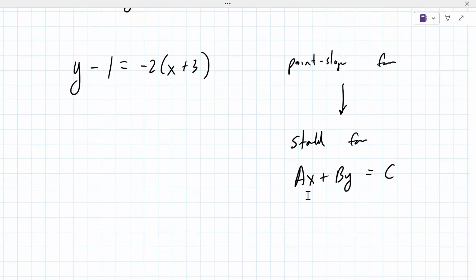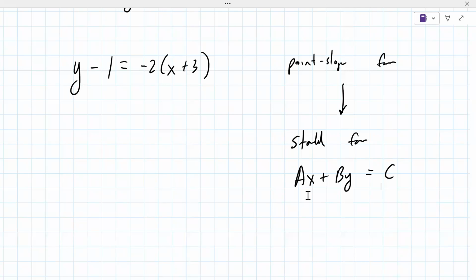It would be negative 2x plus y equals negative 5, but really it's 2x minus y equals 5, because the first term has to be positive.